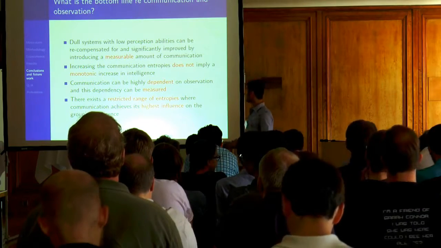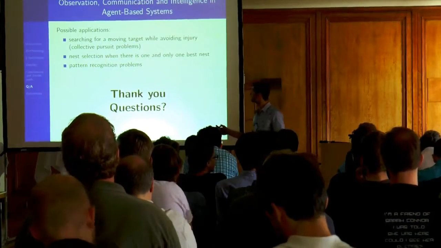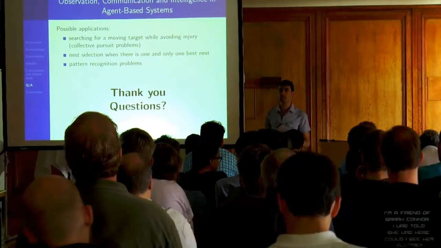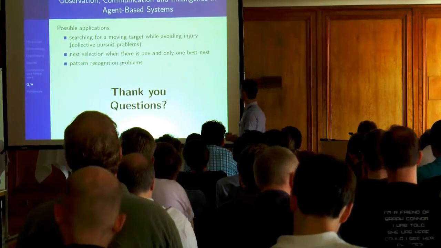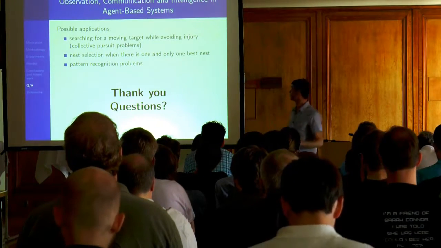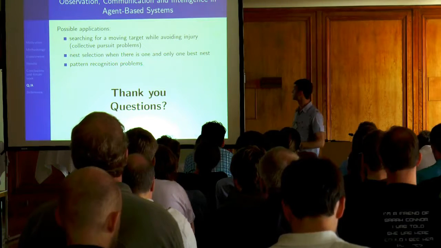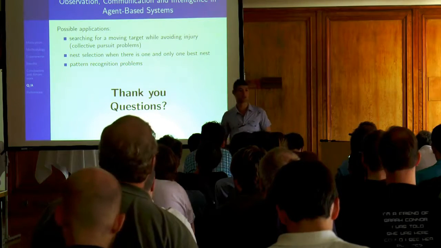And what I want to say at the end is we can also find a lot of applications which use something similar, for example, pattern recognition problems or nest selection where there's only one best nest. That's very important, because it's very hard to generalize these results when you can get a reward from 2 different positive agents.